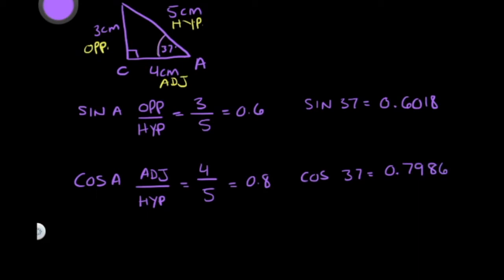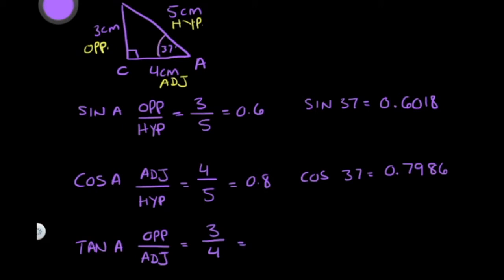The last one that we're going to look at is tan. So for tan of A, tan is going to be opposite over adjacent, so the opposite side over the adjacent side. So the opposite side was 3 over the adjacent side, which was 4.